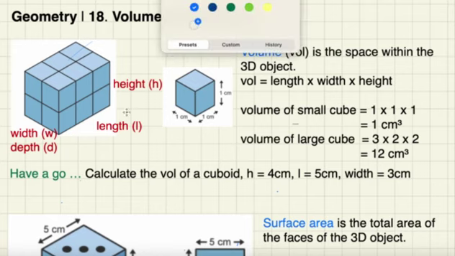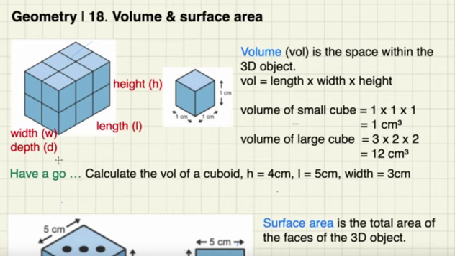Okay, so I hope you've had a chance to work through this and it all makes sense. Although these are just figures, numbers, and a bit of text, I always like a bit of a diagram because I can visualize it better. I know it's a cuboid, so I can draw out something like that.